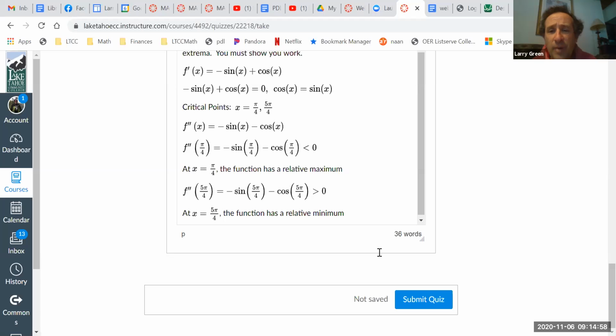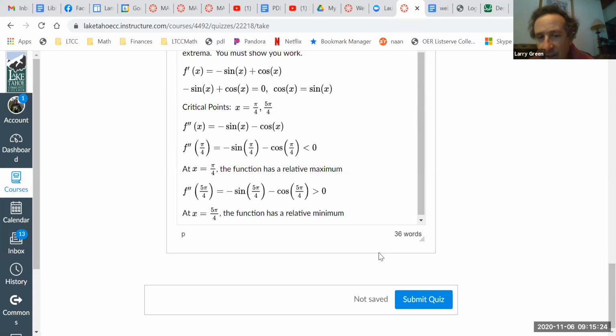So an inflection point is when the second derivative goes from positive to negative or negative to positive. Another way of saying it is that an inflection point is a point at which, from left to right, it changes concavity.